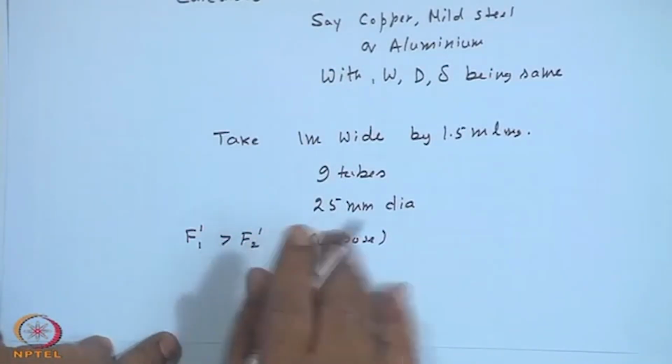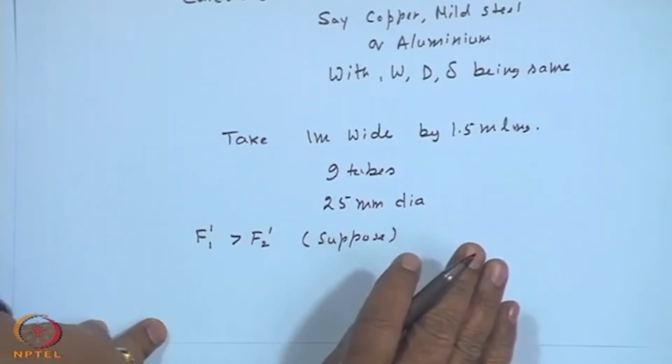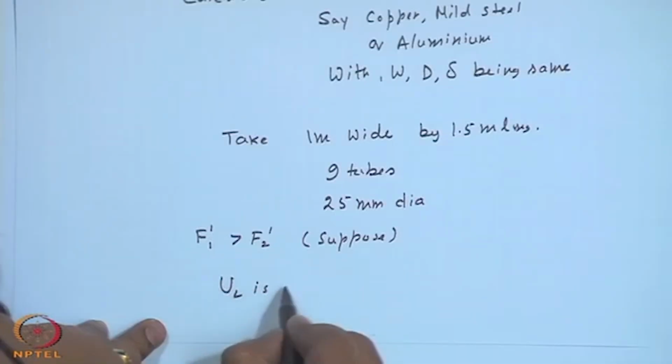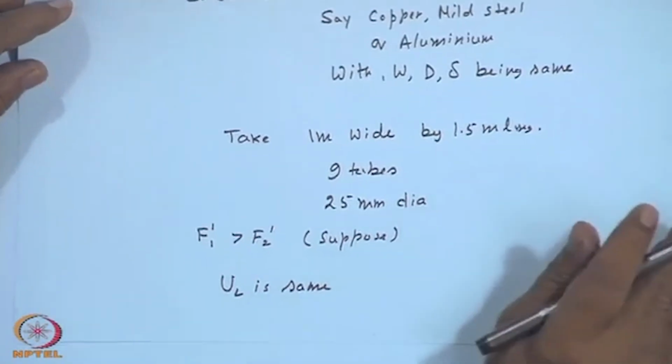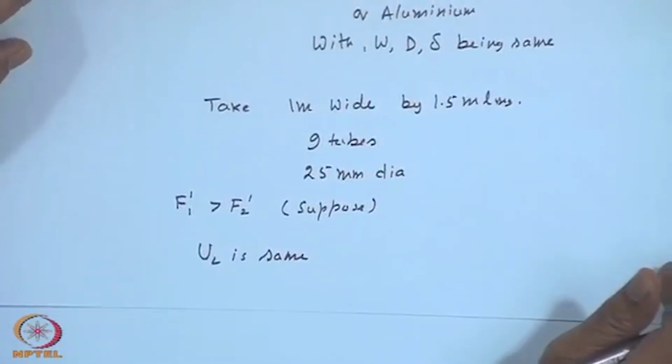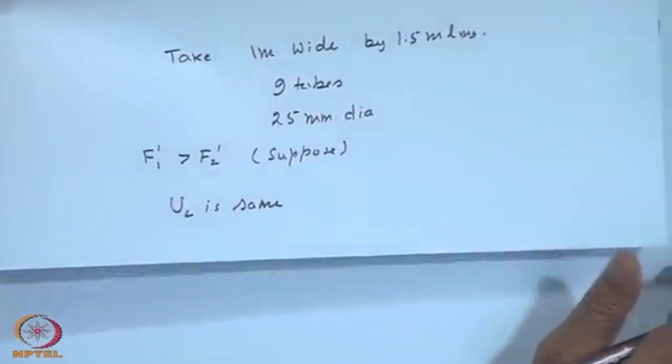In that we are making an assumption subconsciously: same bond conductance and same thickness is a geometric factor, W also is a geometric factor, but UL is same. This need not be, because the exposed areas are different. So my UL may be slightly different. Consequently, even under those conditions, it will be nice if you can establish that one configuration is superior to the other, whether analytically or through examples.